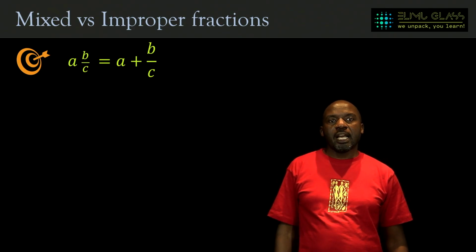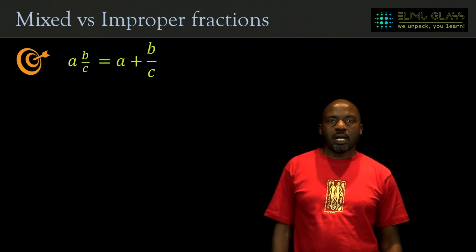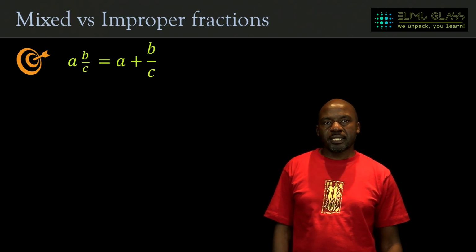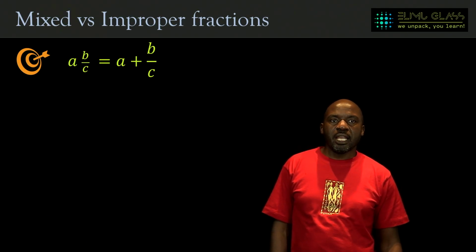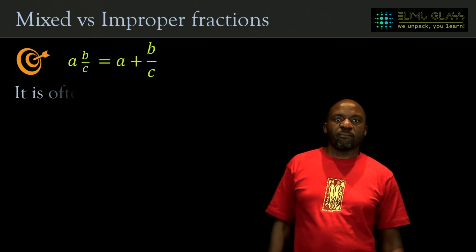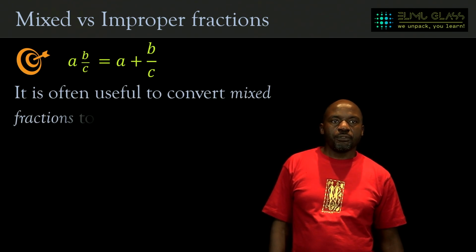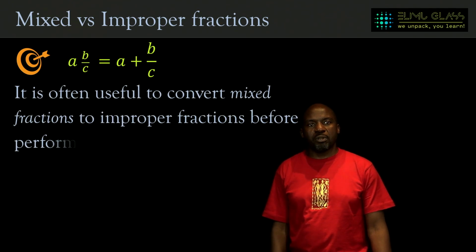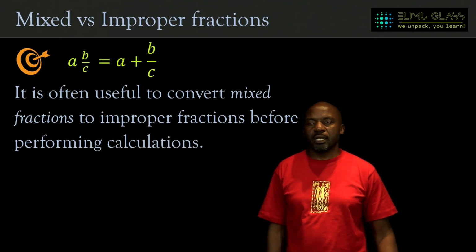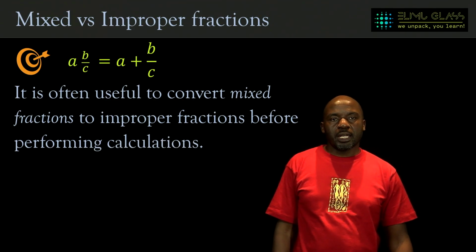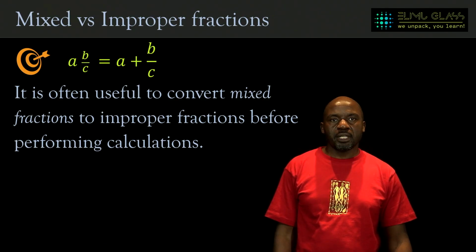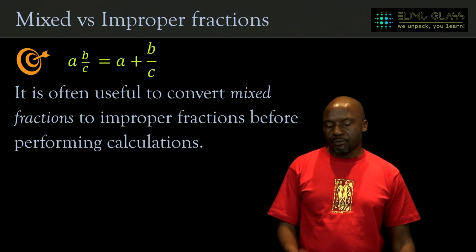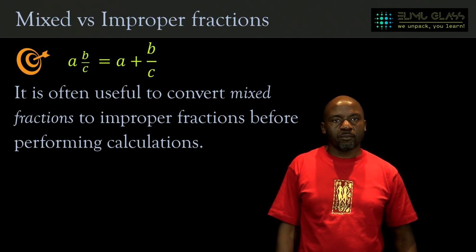Remember, A and B over C as a mixed fraction or as a mixed number means A plus B over C. Okay? It is often useful to convert mixed fractions into improper fractions before performing calculation. So if in the calculation one number is given as a mixed fraction, always try to convert it into an improper fraction. Okay?